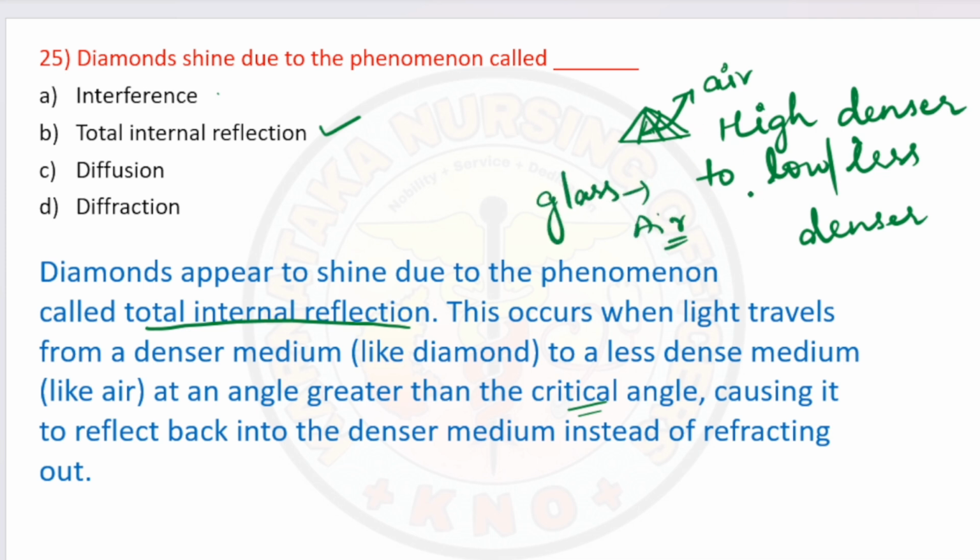If these two conditions are followed, total internal reflection takes place. If TIR is there, obviously diamonds shine.